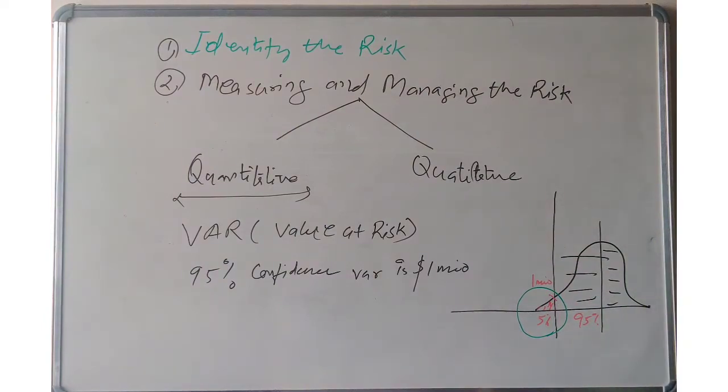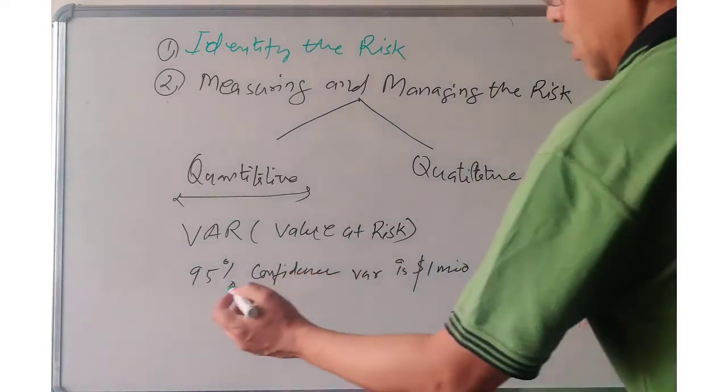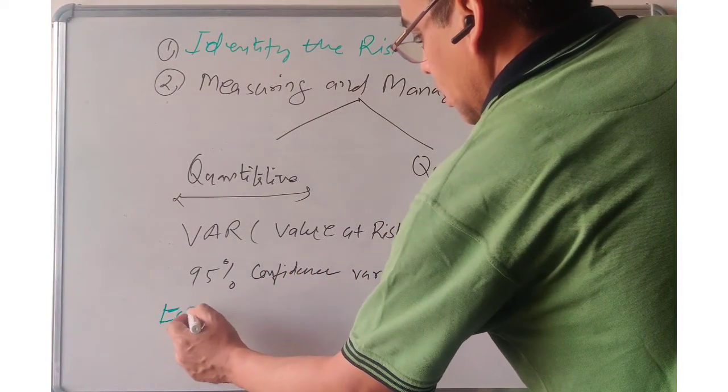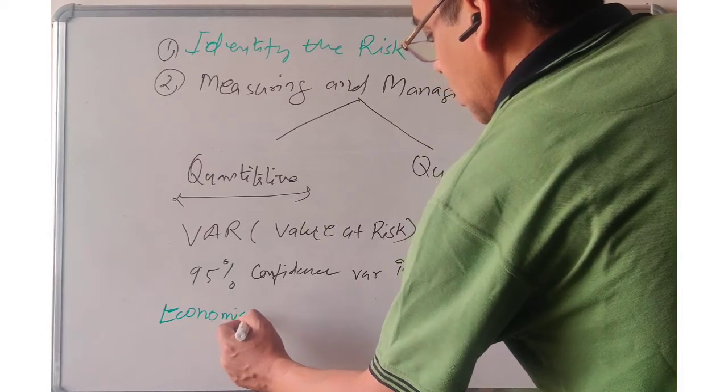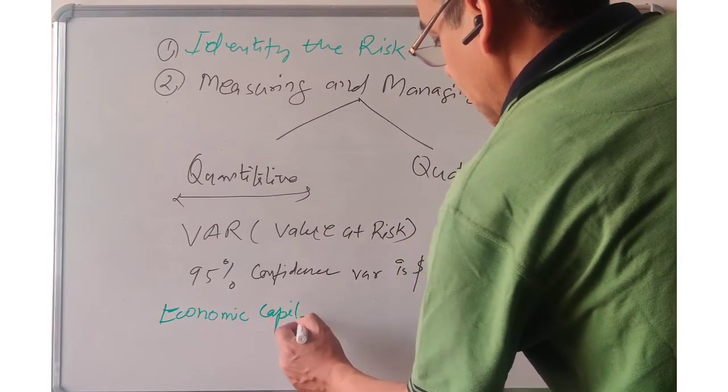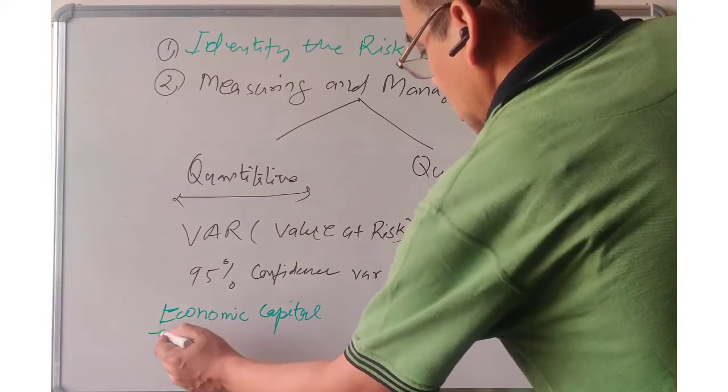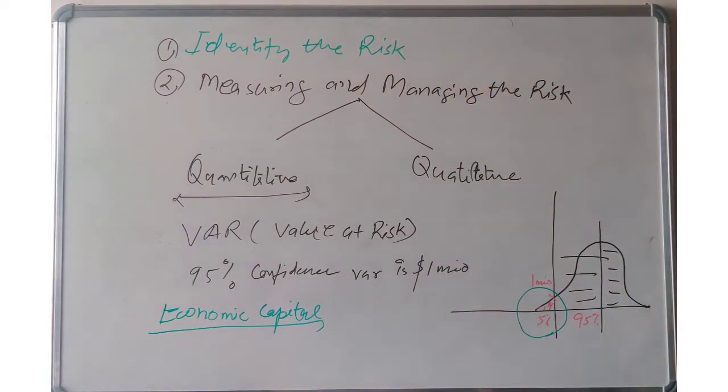The next quantitative measure is economic capital. Economic capital is nothing but the capital which the company has to keep in liquid form to cover whatever VAR they are having. Let's say this company has a VAR of $1 million.